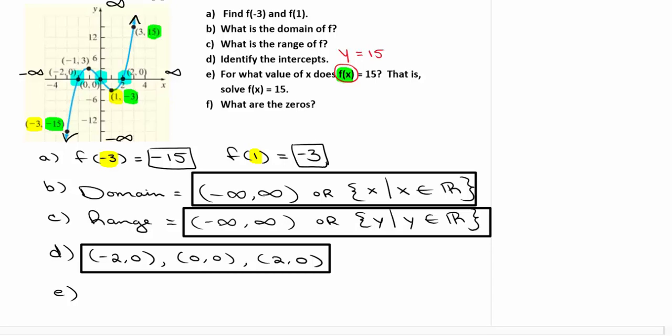It's this one right here. And the x value for this one is 3. Therefore, x has to equal 3 in order for y to equal 15. So you could write this as x equals 3, or you could write this as a solution set, 3, like that. So I'm going to go ahead and box that in.